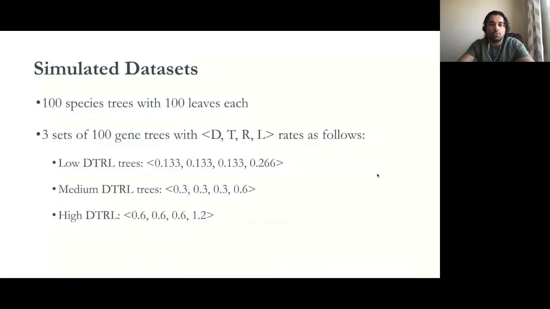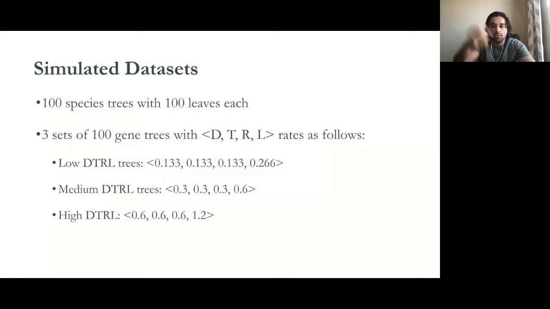So we simulate 100 species trees, each with 100 leaves, and we generate 3 sets of 100 gene trees for each of these different settings, where we have trees which are evolved with low DTRL rates.